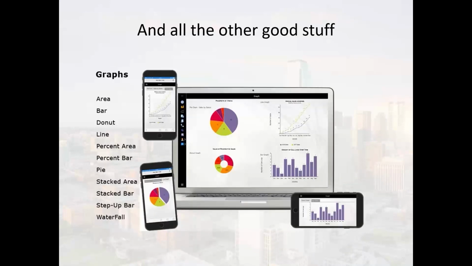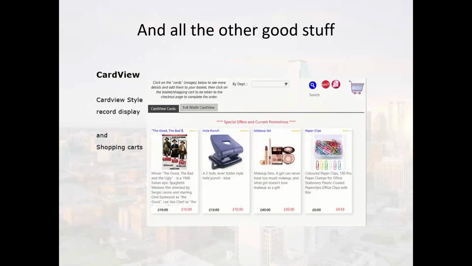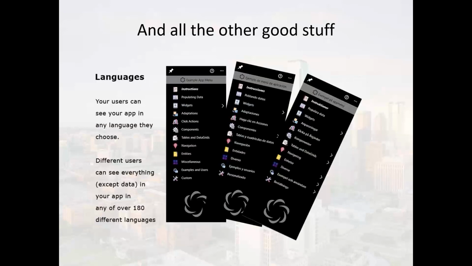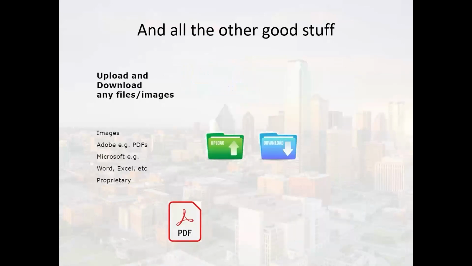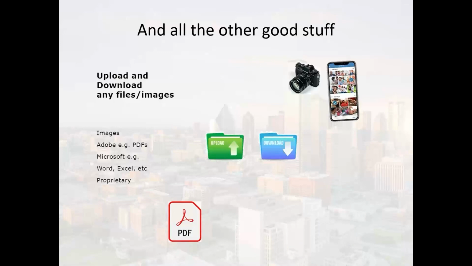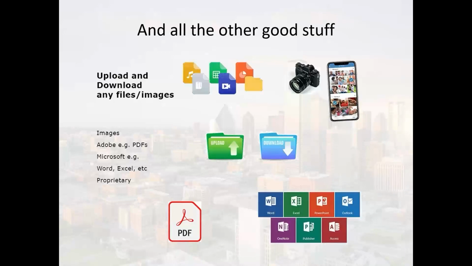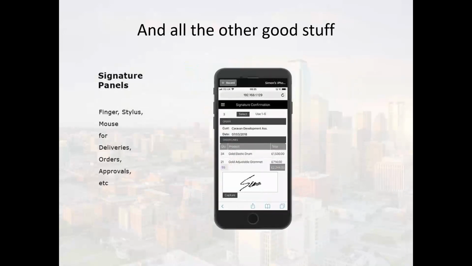There's 12 different graphs that you can include within Evoke. Card views can be included so you can look like Amazon if you want, or provide an e-commerce style interface to your users, and every part of the app can be shown in over 180 different languages depending on who logs in. You can upload and download whatever file you need and whatever file type you want between whatever devices.